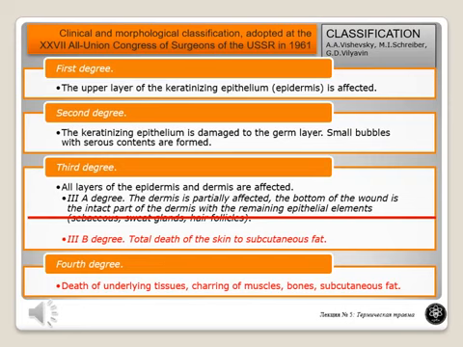A blister is formed in which a small amount of serous fluid accumulates. Third degree already involves alteration, that is, damage and death of tissue. The third degree is usually divided into 3A and 3B. In this case, all parts of the epidermis are affected and the damaging effect reaches the level of the dermis. In 3A, the dermis is partially affected. The bottom of the wound consists of intact parts of the dermis with remaining epithelial elements.